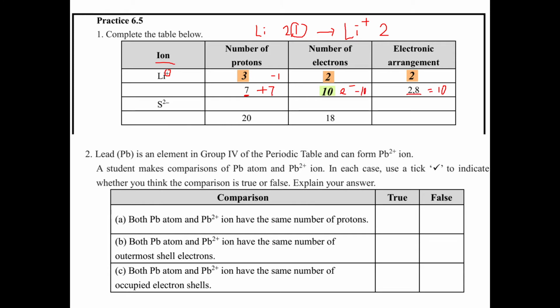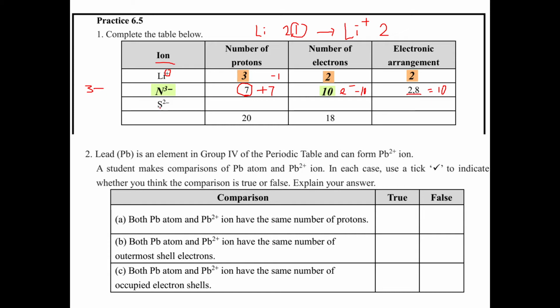What is the total charge for this ion? It should be 7 minus 10, which is minus 3. So minus 3 for the charge. So what is this one? The number of protons is 7, which relates to the symbol. 7 should be N, nitrogen. So it should be nitrogen with minus 3, N 3 minus for this ion.